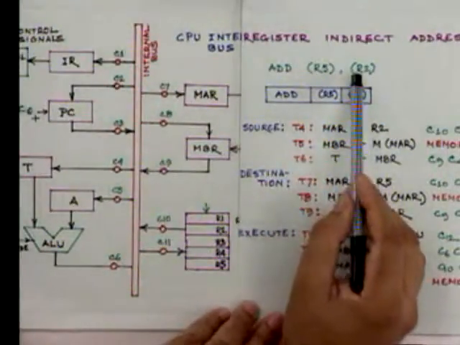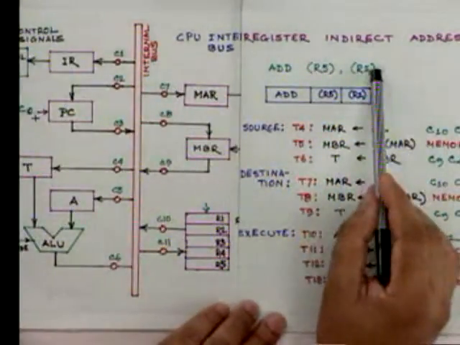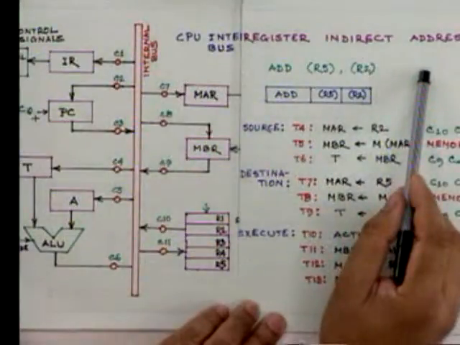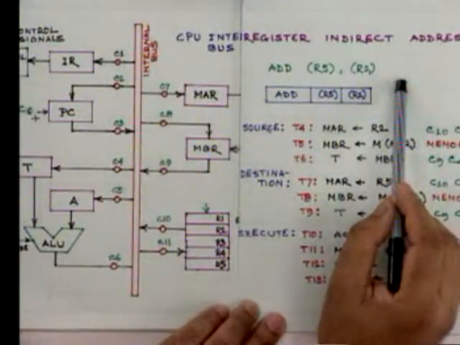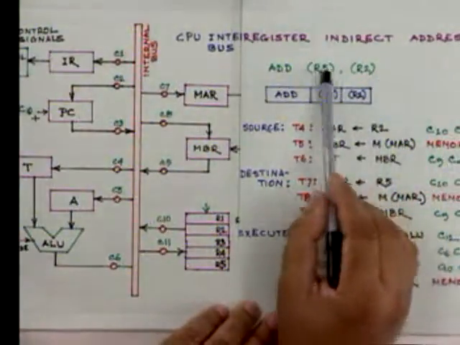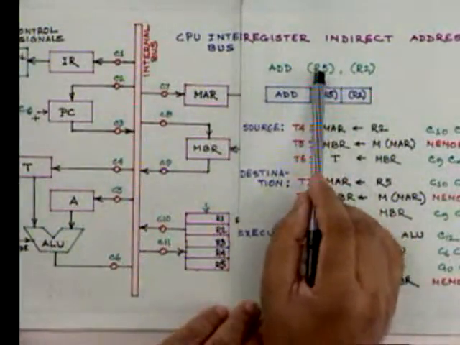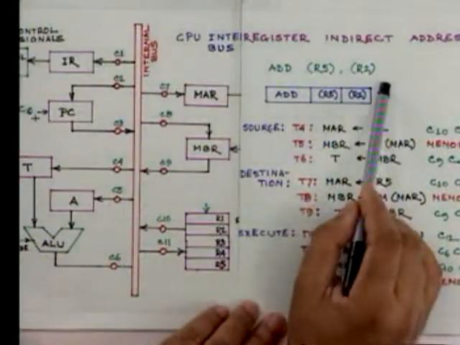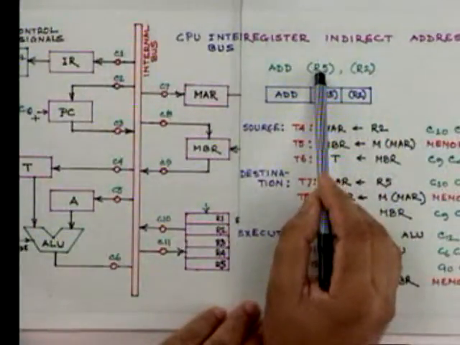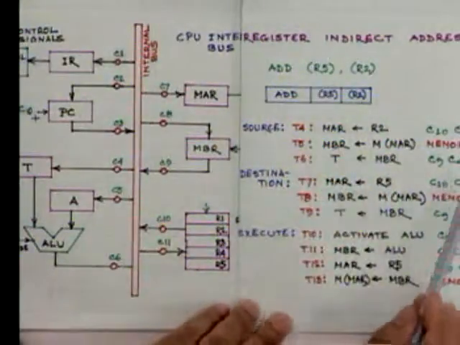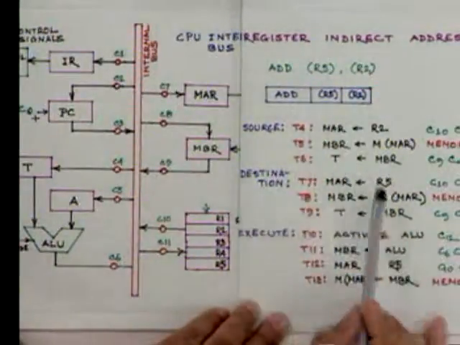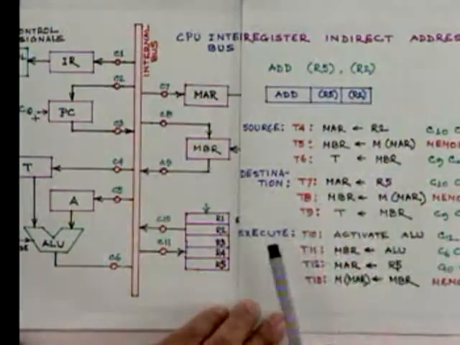This means the memory location pointed to by R2 should be fetched, then added with the content of the memory location pointed to by R5, and the result should be contained in R5 as per our convention of these two address instructions.